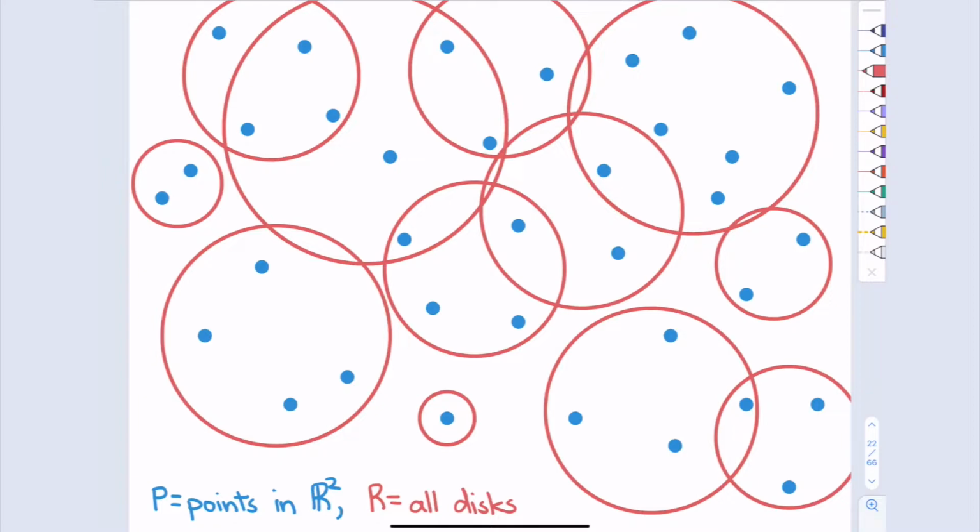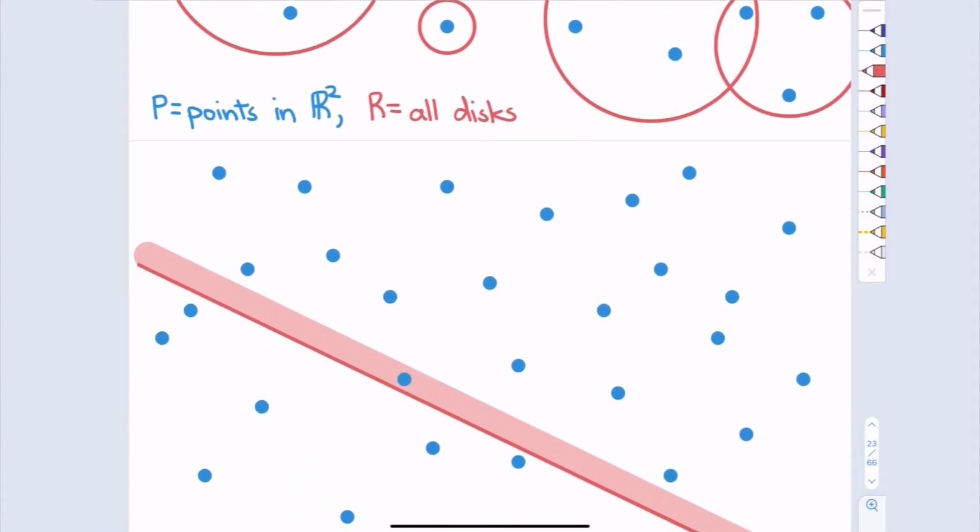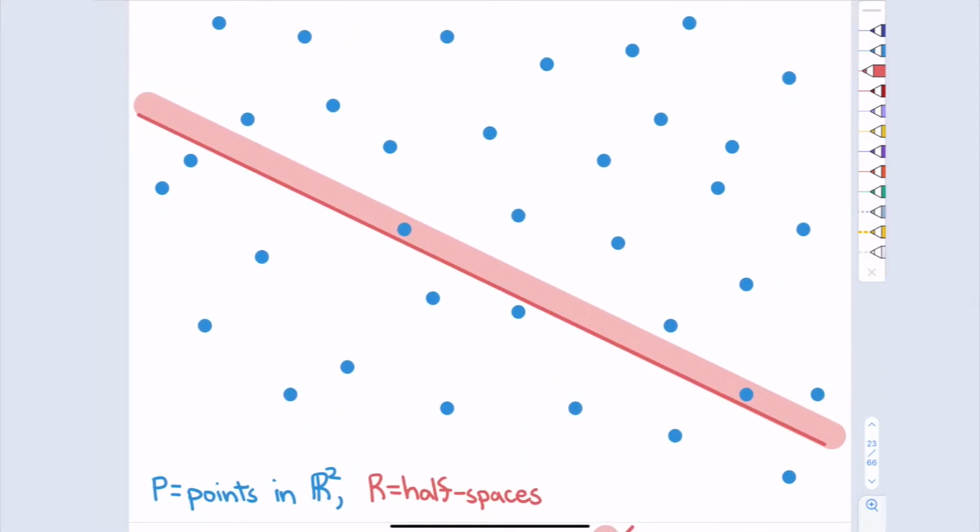Another one that's particularly relevant for machine learning and classification problems is half spaces. Here I've just drawn them in the plane, but they could be in higher dimensions, of course. Here's a red line that's splitting the plane in half, and let's say the shaded half is the half space. So the entire top right corner is the half space.